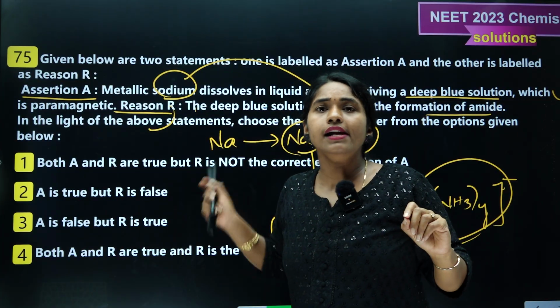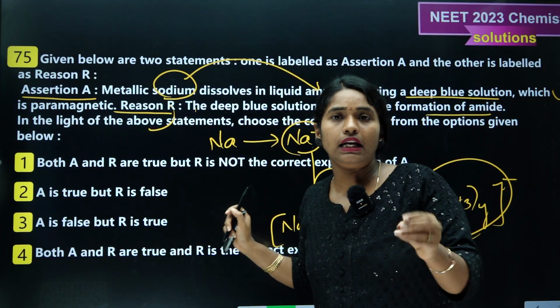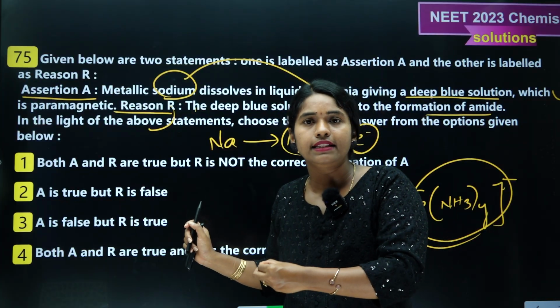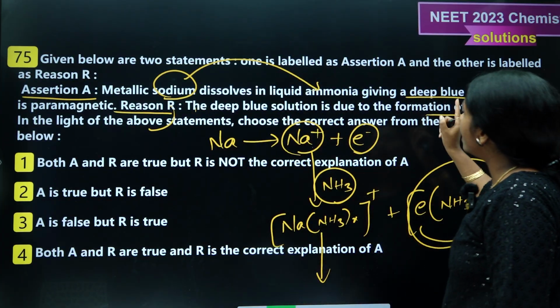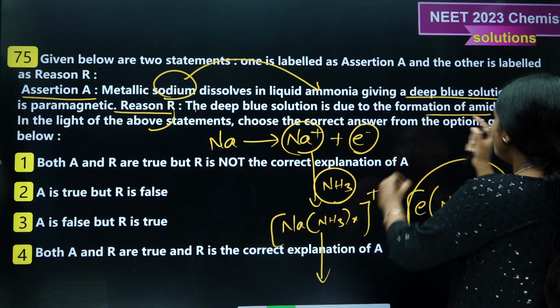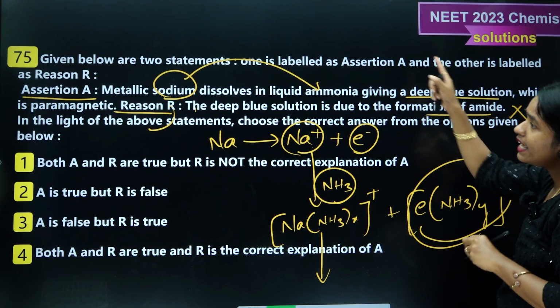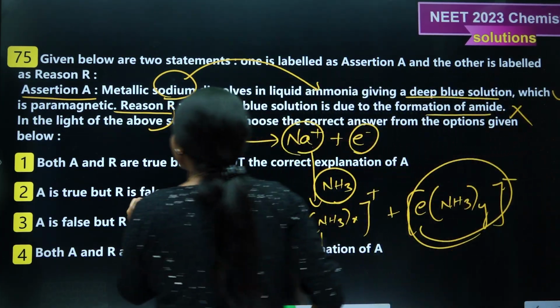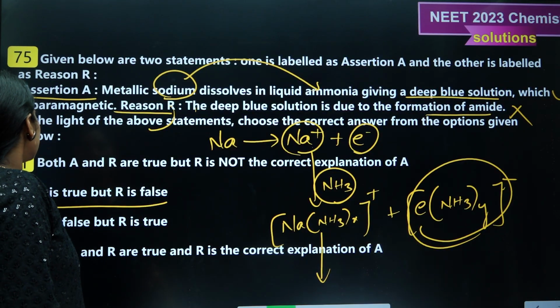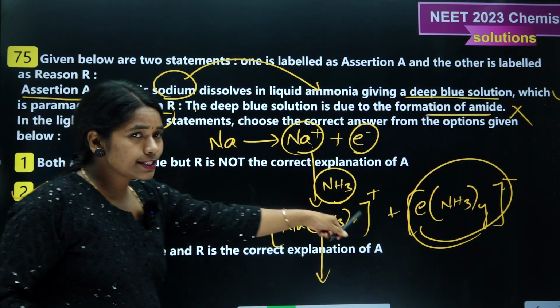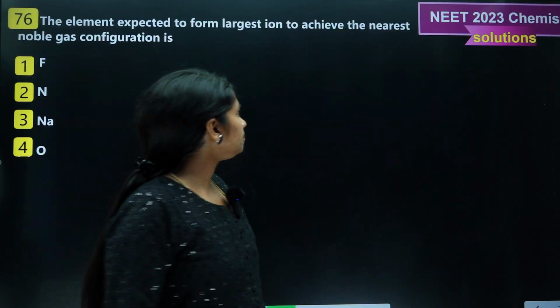Because of amide, it does not have that color; because of that electron, it gets the color. So the reason is not correct. Only the assertion is correct. A is true and R is false. That blue color is because of that electron.